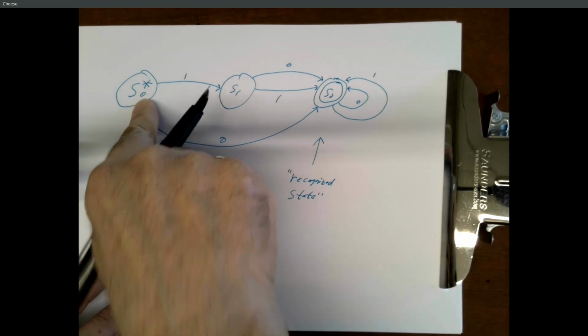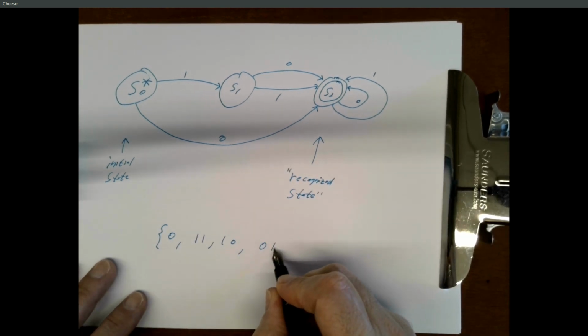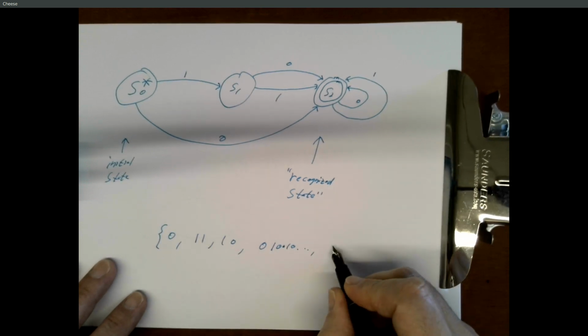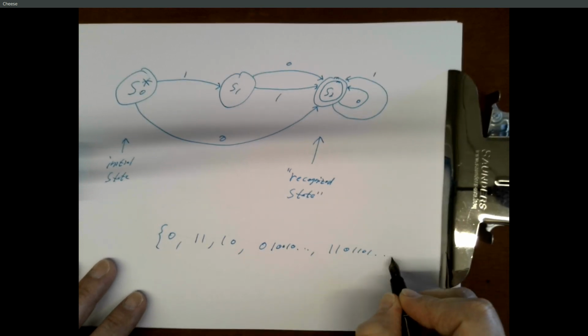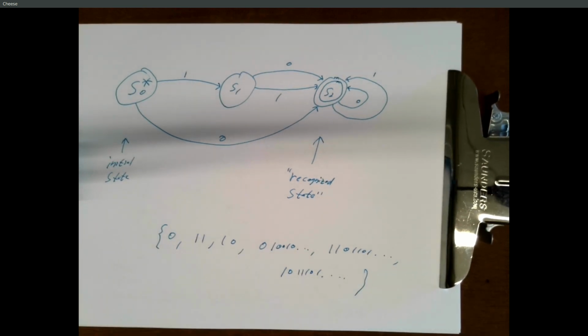The empty string would leave us in state S0, so that's not recognized. And then what else? Any 1 or 0 appended to that. Any of these with 1s or 0s appended to it. So almost anything is recognized by this. In fact, I think the only thing that's not recognized by it is the string 1 or the empty string.